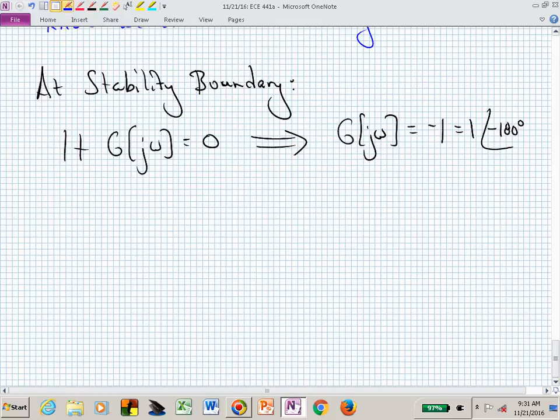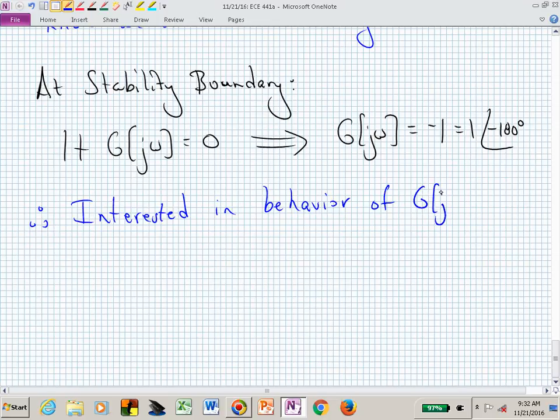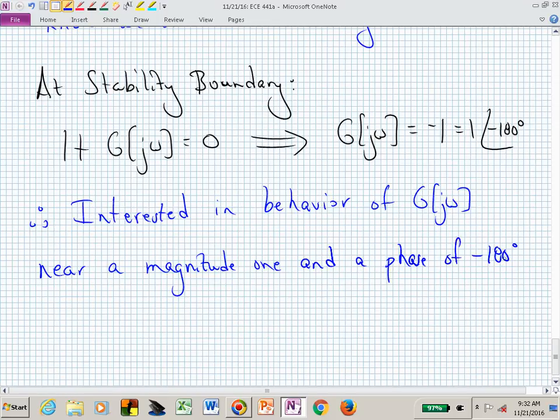And we are interested in the behavior of that frequency response, which we are now just calling g of j omega, near those 2 points, a magnitude of 1 and a phase of minus 180 degrees.